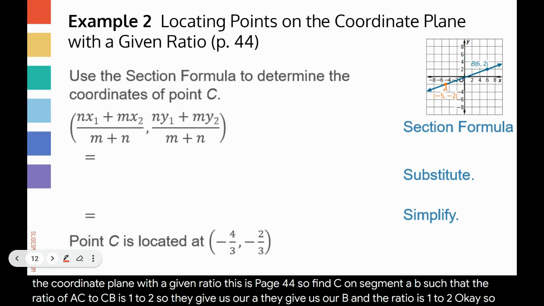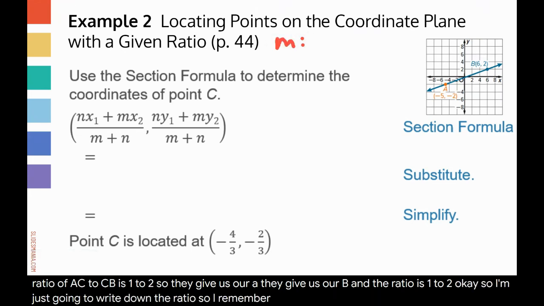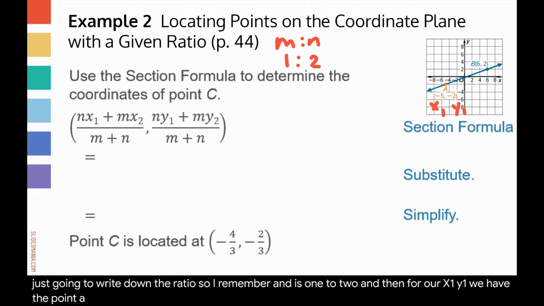I'm just going to write down the ratio so I remember m to n is 1 to 2. For our x1, y1, we have point A, and x2, y2 is point B. And we're just going to substitute those in.